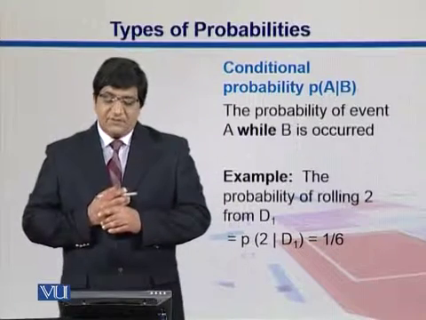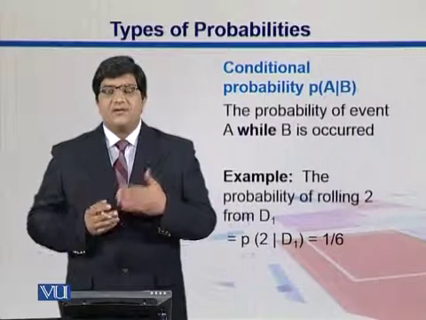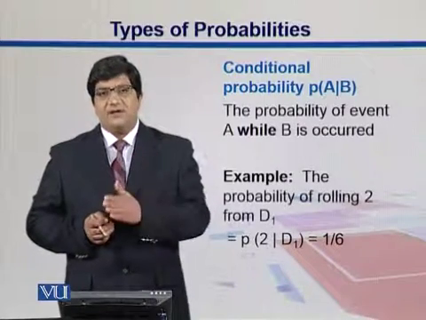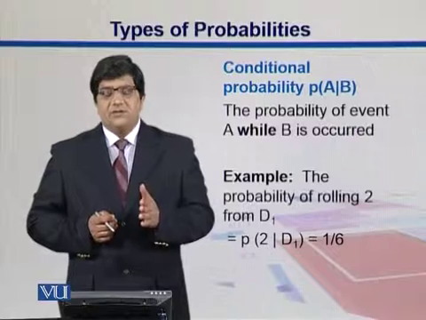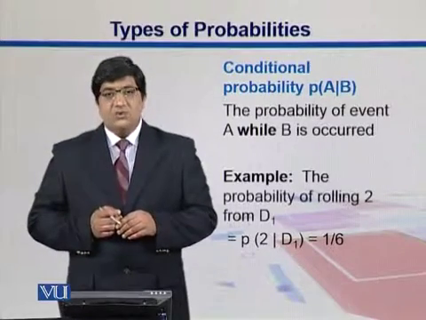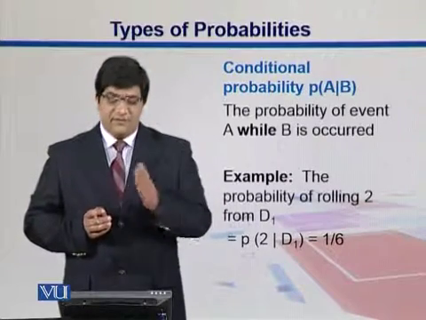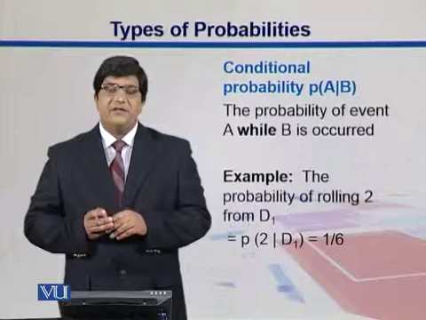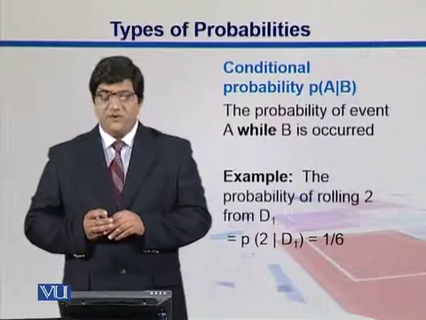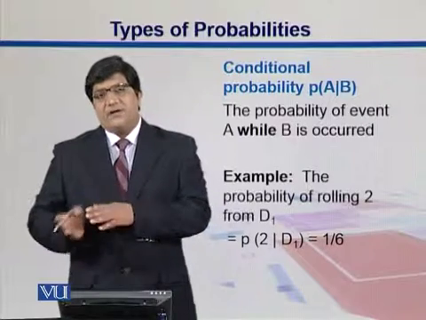Conditional probabilities are the probabilities where you can get the probability of one thing while the other one has already occurred. For example, the probability of rolling a 2 from D1. You already picked up D1, so what is the probability of seeing 2 in it? In this case, you have a conditional probability, or a kind of dependent probability.